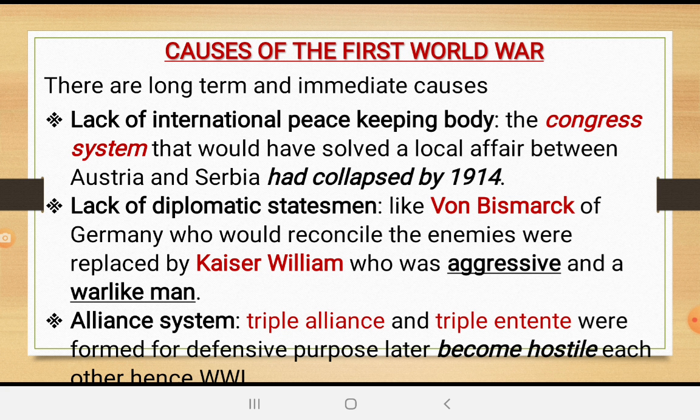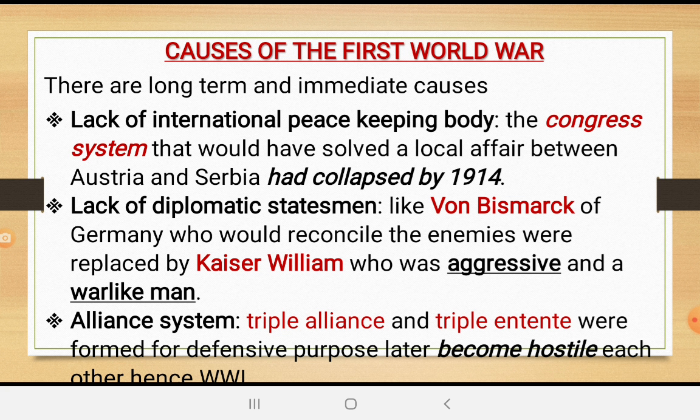So this man was replaced by an enemy of peace. He was replaced by Kaiser Wilhelm, who was aggressive, and he was also a warlike man.